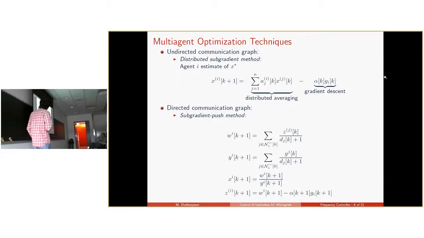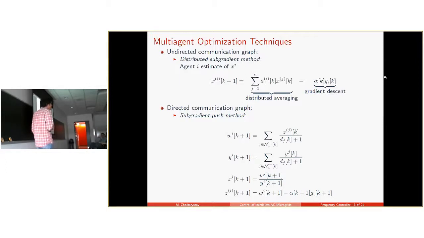Then there is this gradient descent step. Note that these weights are time varying. If node i does not receive any information from node j, then the corresponding weight a_ij will be set to 0. And because we are computing a weighted average, the weights need to sum up to 1.